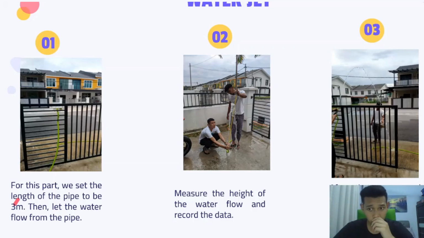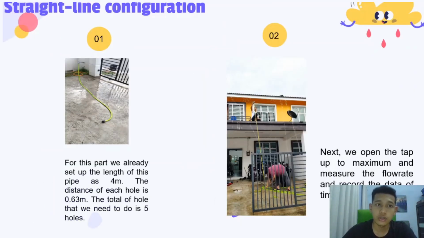So for this first experiment, we got the volume of 680 milliliter for 2.25 seconds, and the height is 0.93 meter. So we go to the next experiment, which is straight line configuration, or we call it as open loop.